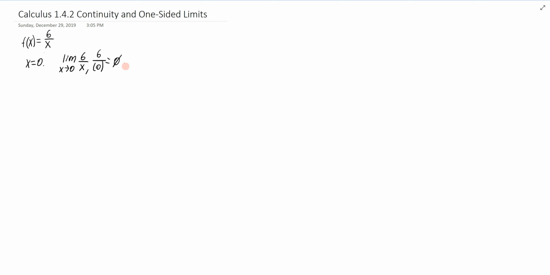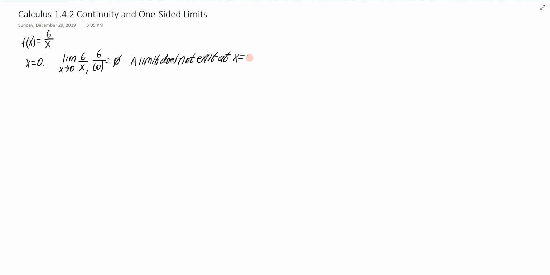So all that we have to say is, the limit does not exist at x equals 0.